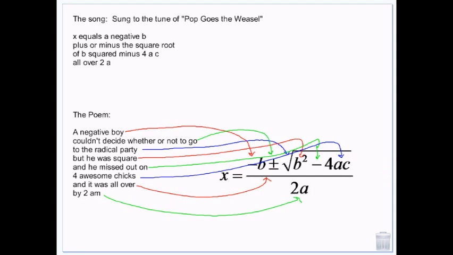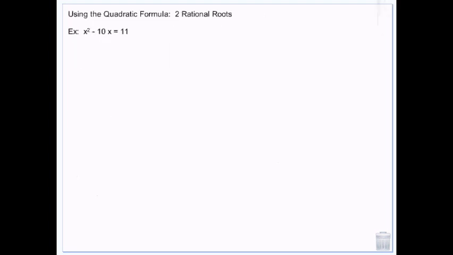And I don't care how you memorize it, but you do need to memorize it because you're going to need it. Okay, the first step is we have to set it equal to 0. So if there's a number on the other side of the equal, we need to subtract or add it to both sides so that the whole thing is basically on one side of the equation.